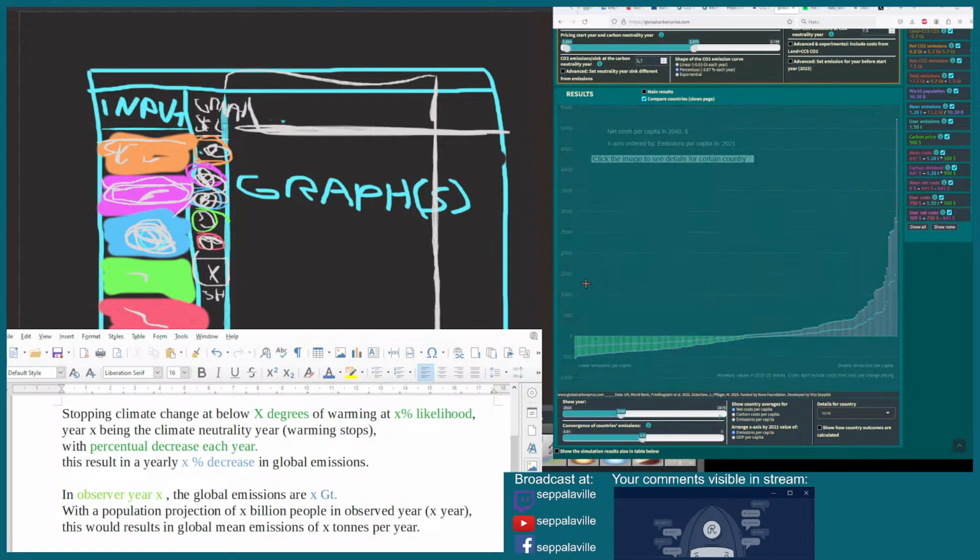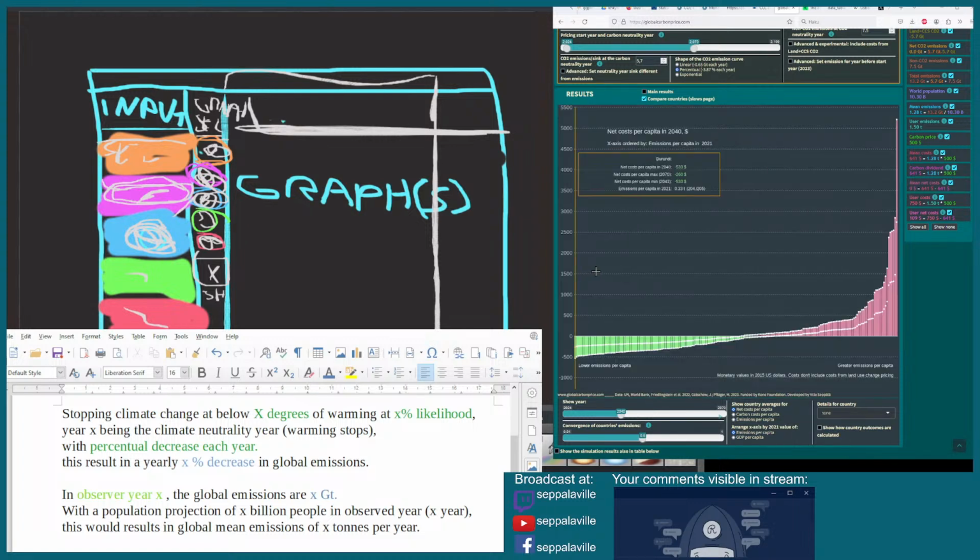Like in this world we have Burundi with the net carbon income ranges between, okay, let's write it.